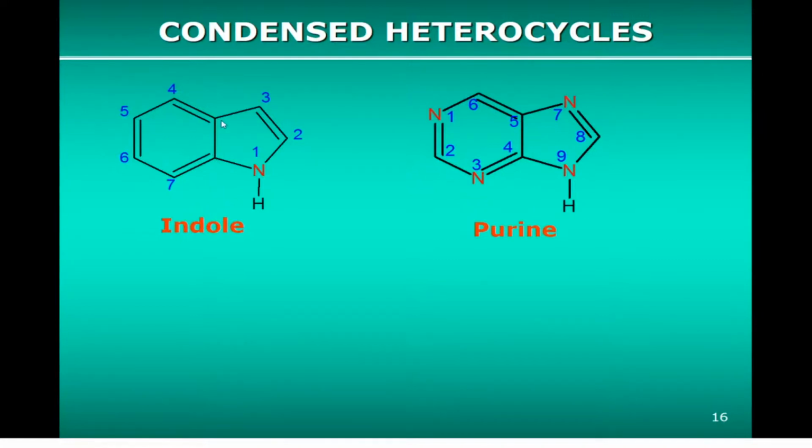Why so? There is no hydrogen to be substituted, but we number this way to show where a substituent can be. So that's why there are 7 numbers, but really 9 carbons. So this is indole.